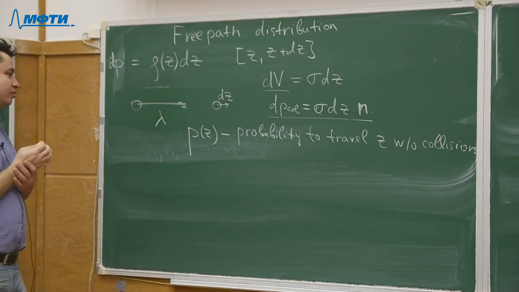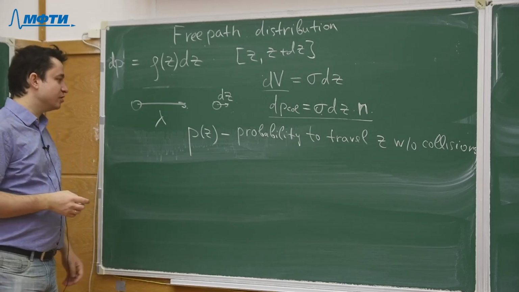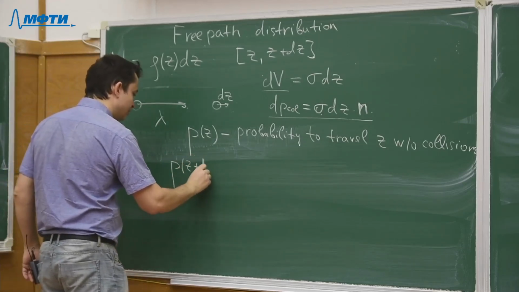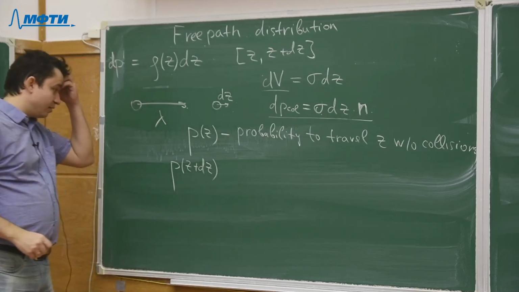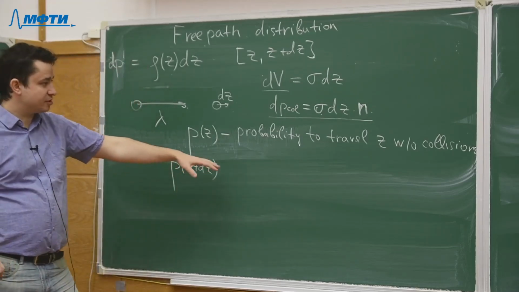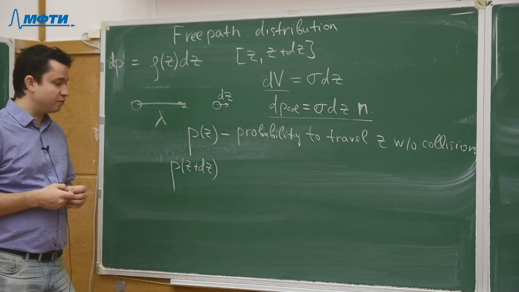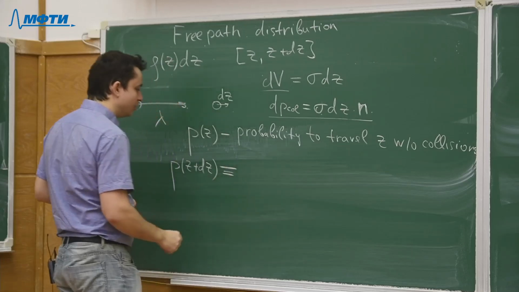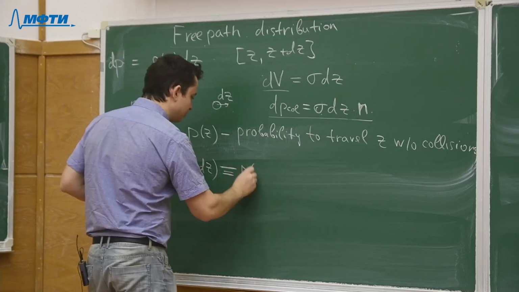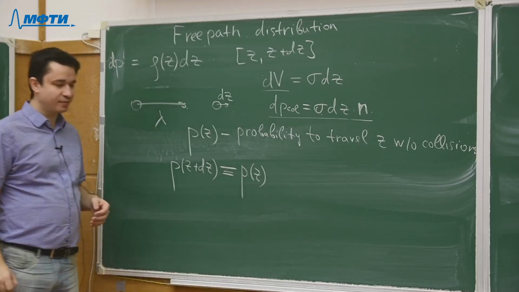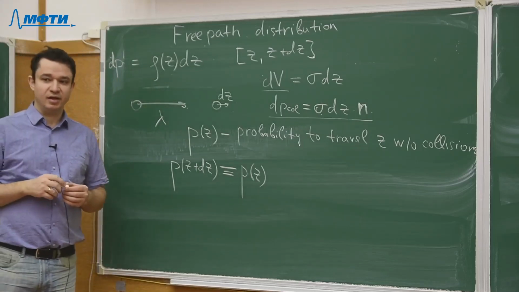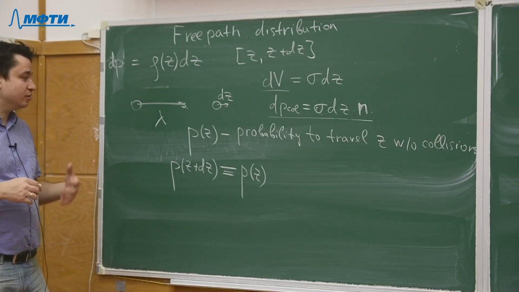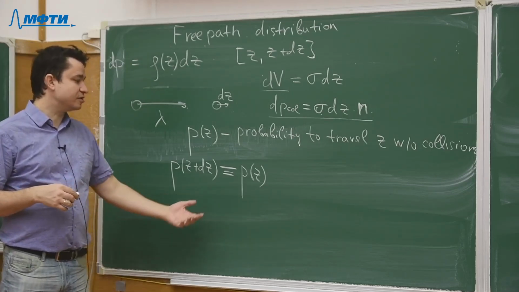And now we are going to establish some rules for this. For example, if I want to determine p of z plus dz, the probability to travel a distance z plus dz, first of all we need for the molecule to travel a distance z without collision. And also, we need for the molecule not to collide over a distance dz.